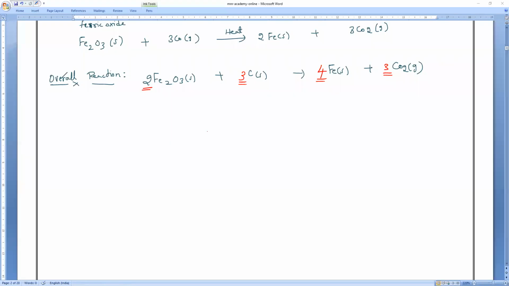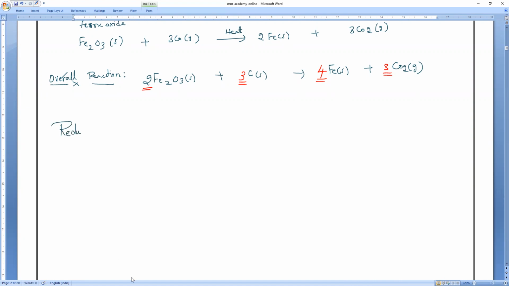The most important one: iron oxide, or ferric oxide, instead of carbon, if you undergo reduction with another reducing agent, that is what we will use.